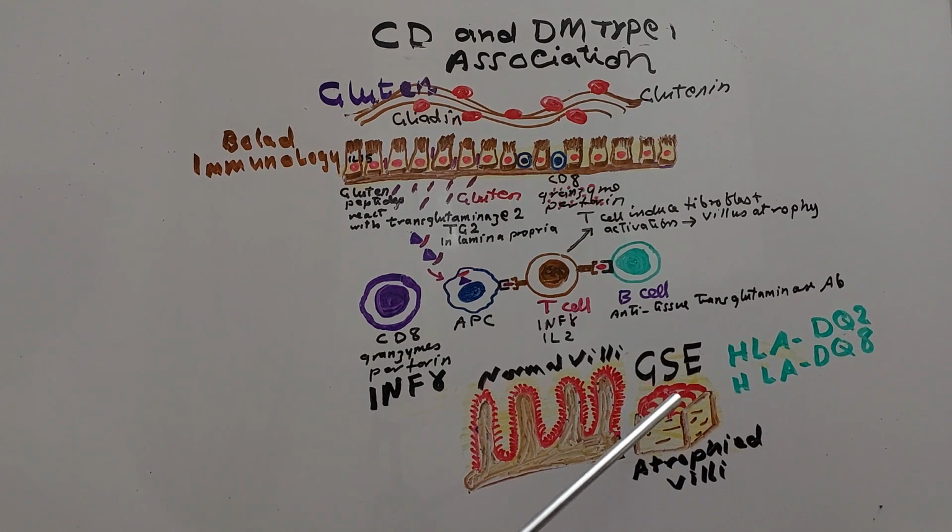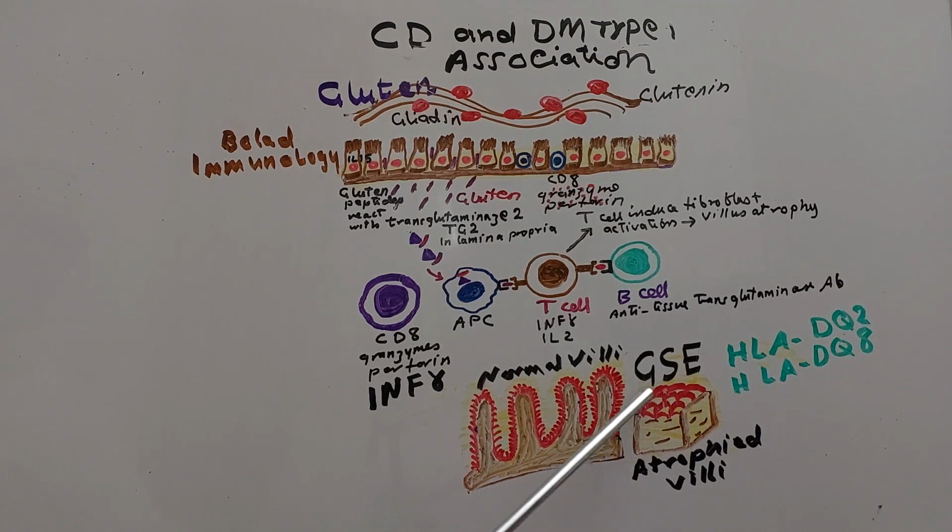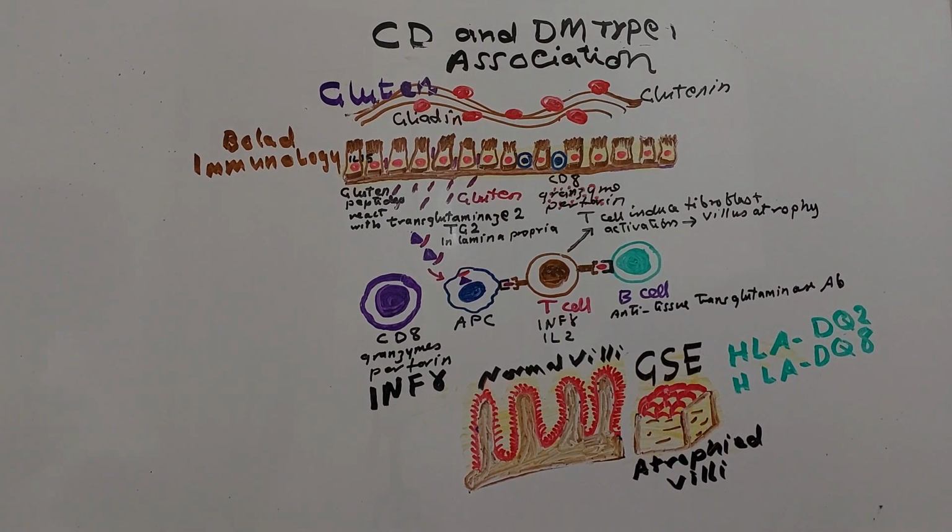As can be seen here, the mucosa gets atrophied, and the villi get atrophied as compared to villi in the normal mucosa. Thank you very much, Professor Ahmed Boulad.